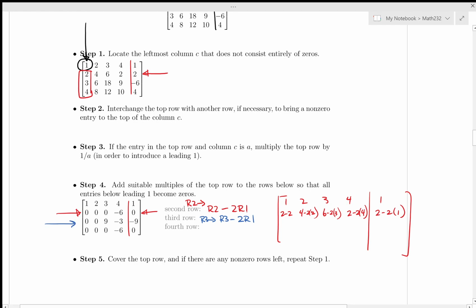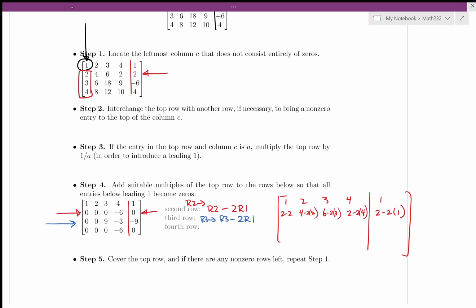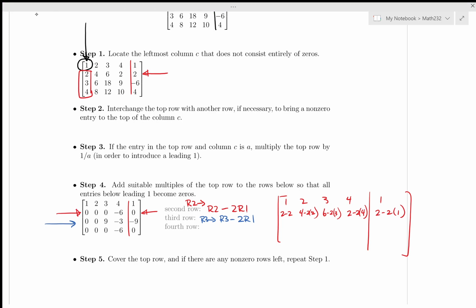And then in my next row, what am I doing? I'm saying the fourth row, so row 4 is going to become row 4 minus 2 row 1. Okay, and you should fill in the entries here of the calculation so that you make sure that you know what you're doing. Okay, and why am I allowed to do this anyhow?